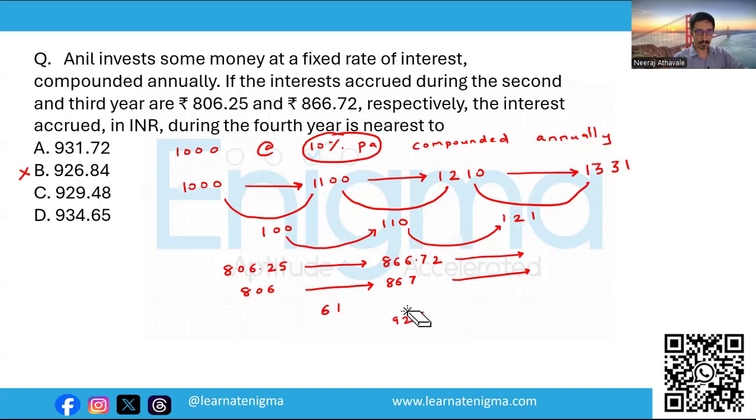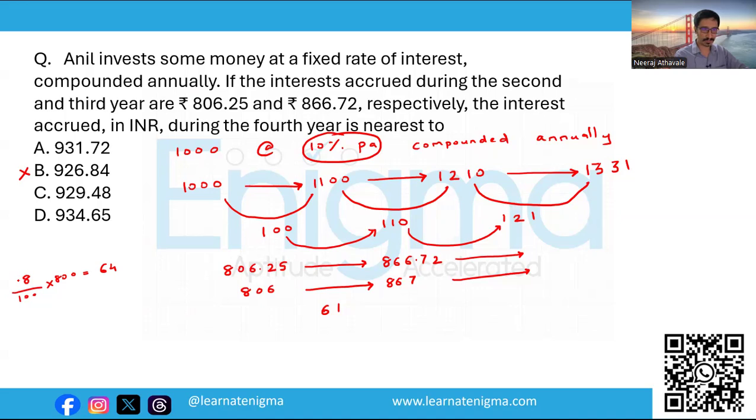Okay. Now moving on. How do we find out the exact answer? Now we can easily get that 8% of 800 is equal to 64, right? And here the value is 806, but the interest is only 61.